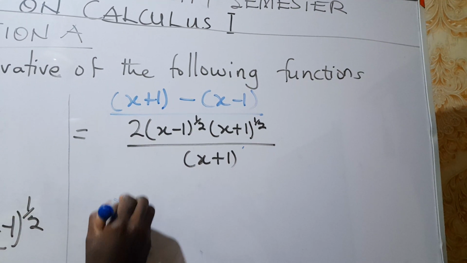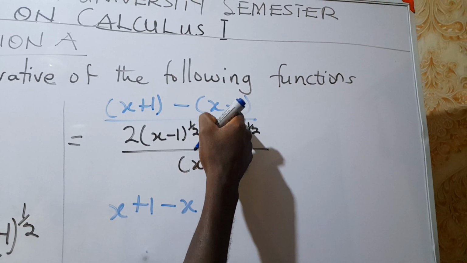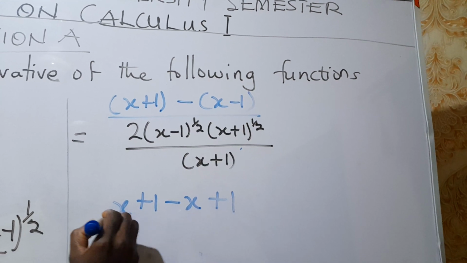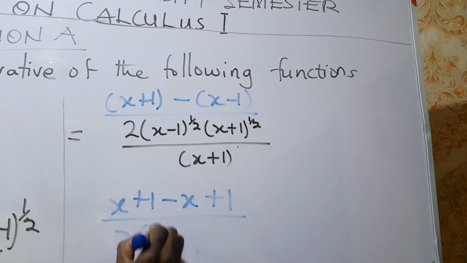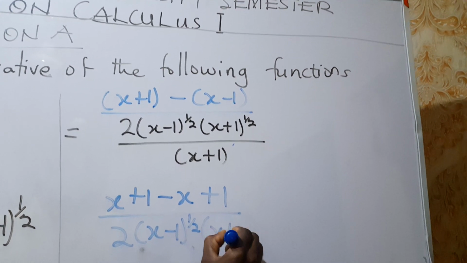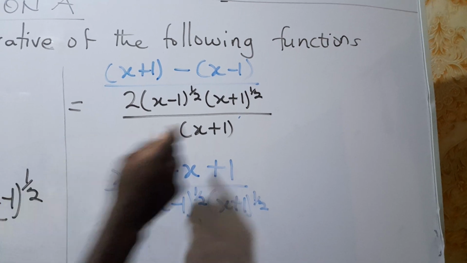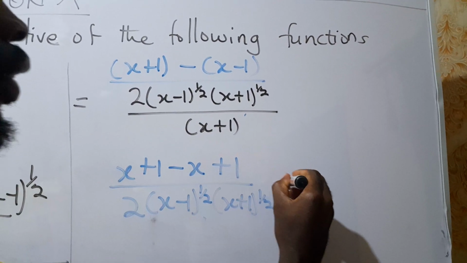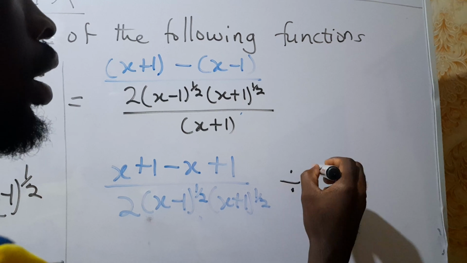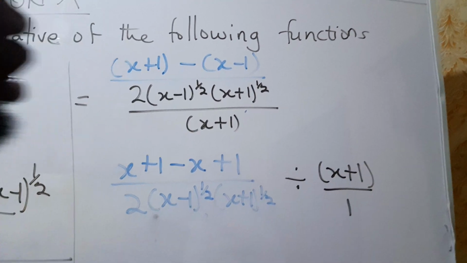We'll have x plus 1 minus x plus 1, all over 2 times (x minus 1) exponent half, then (x plus 1) exponent half. Then this, I can rewrite it as divided by x plus 1 over 1.